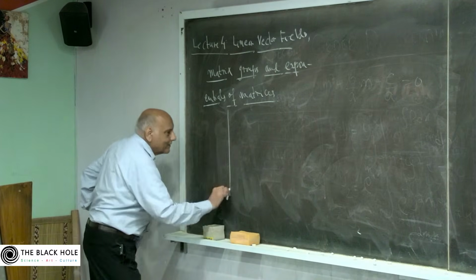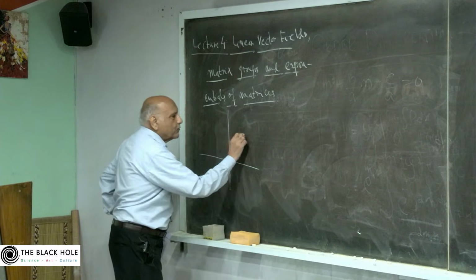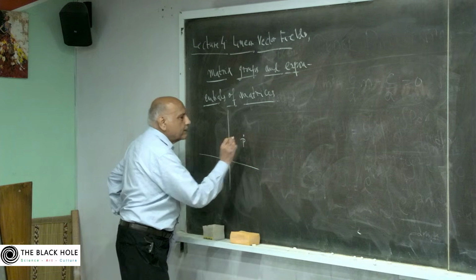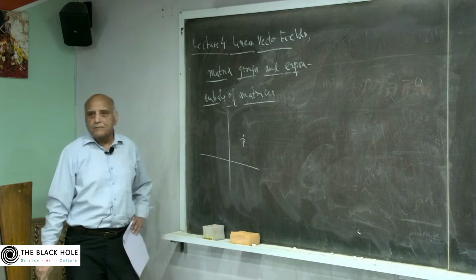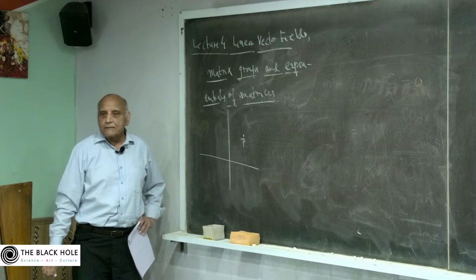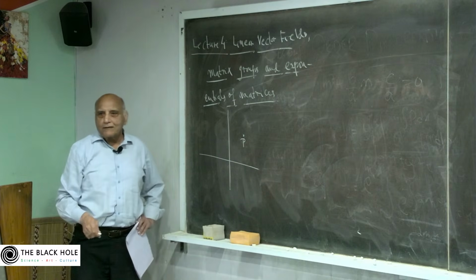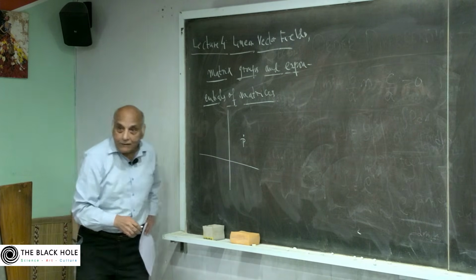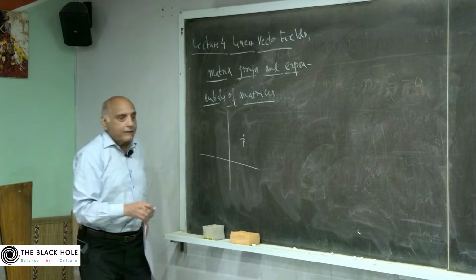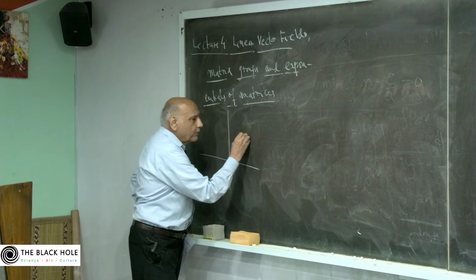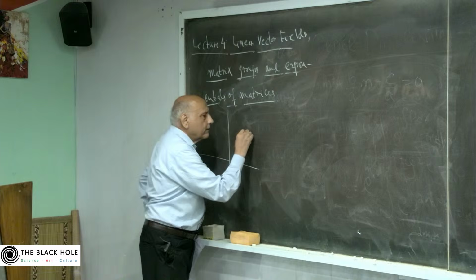Okay, if you can't, so how would I draw a tangent vector here? Show me. What can you draw as a tangent at this point? The initial point will be point P, right?